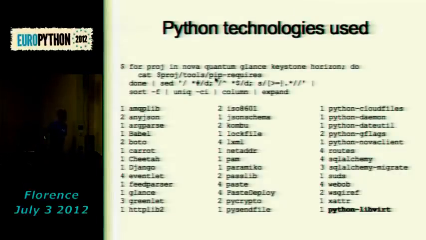So what Python technologies are used to implement all this? So some shell foo again. In my Git directory, I just iterated over each of the projects and pulled a bit of information out of pip-requires. I stripped out the comments and counted them, and this popped out. So the interesting thing here is that the numbers represent the number of OpenStack projects that use each of the Python components.